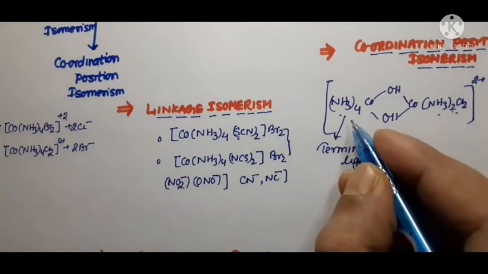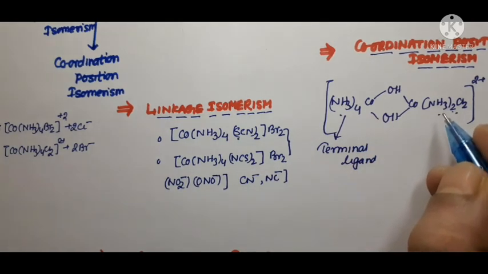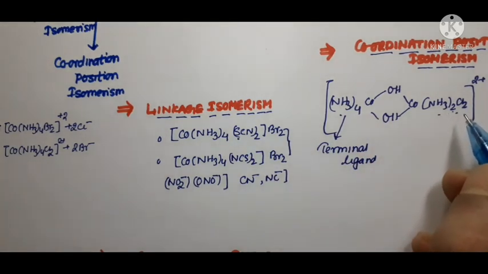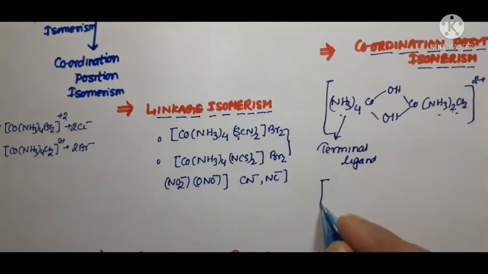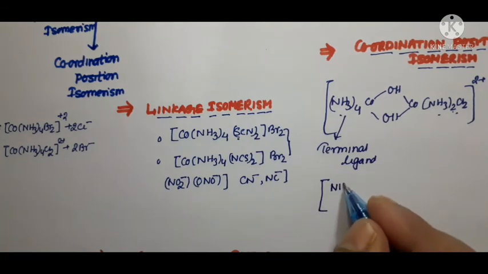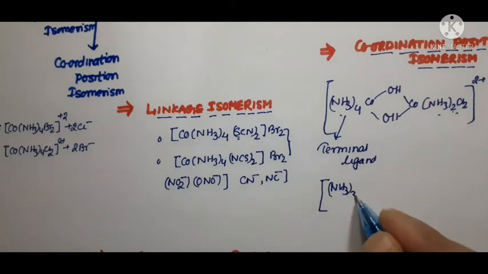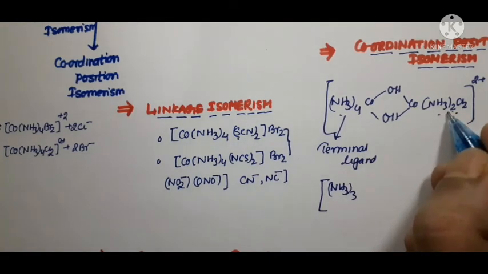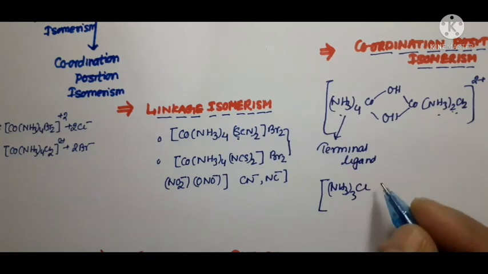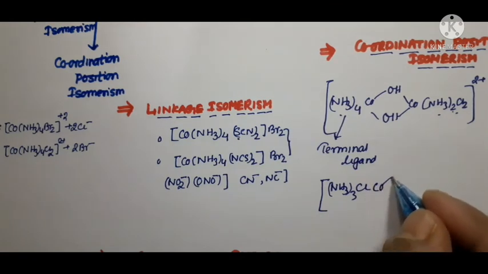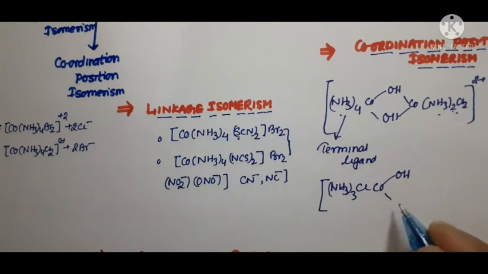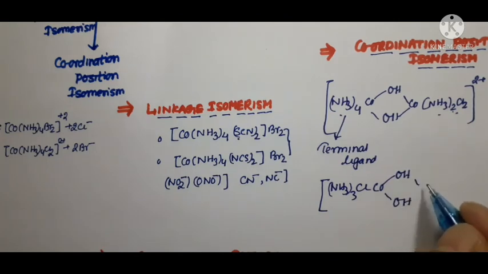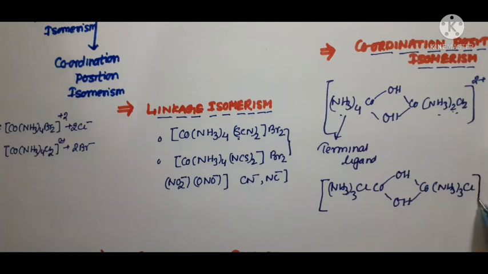On the left hand side 4 ammonia are present, and on the right hand side 2 ammonia and 2 chlorines are present. So what we have to do, we have to write like this: (NH3)3, because the total number of ammonia becomes 6, and there is chlorine, Co, OH, Co, (NH3)3Cl2 2+.